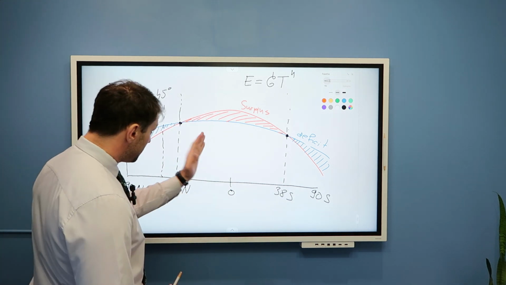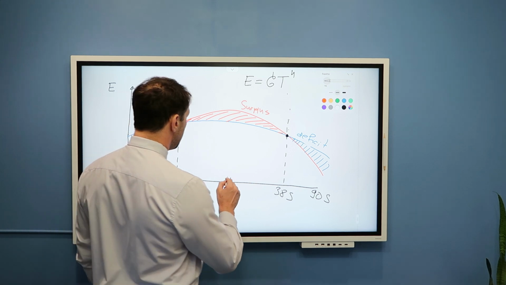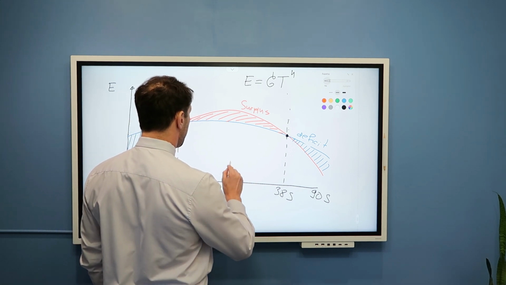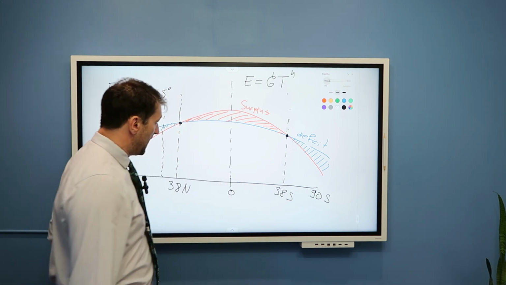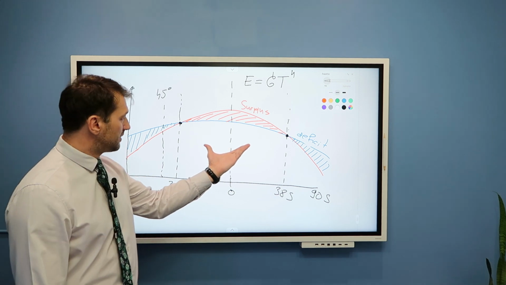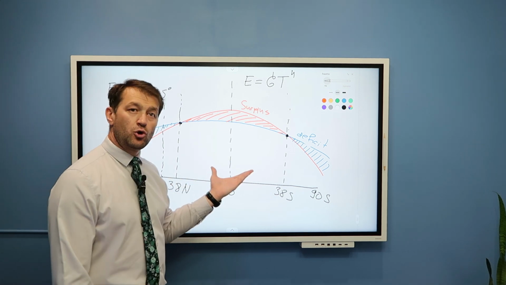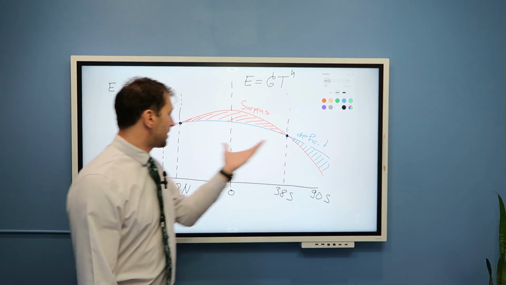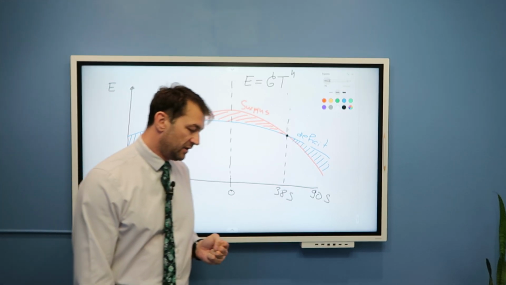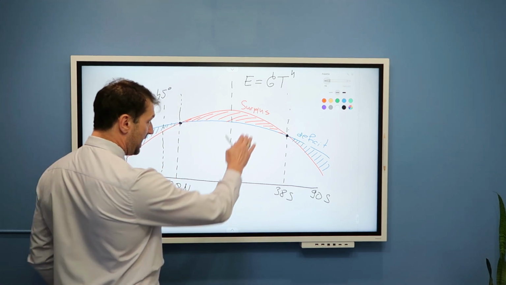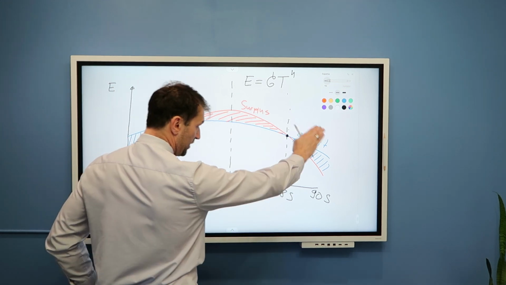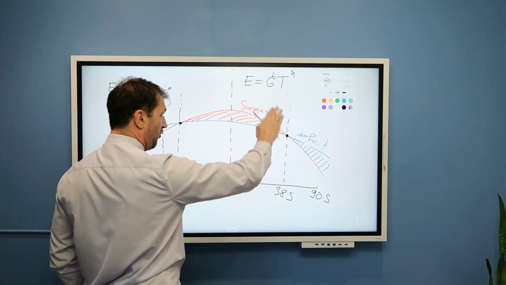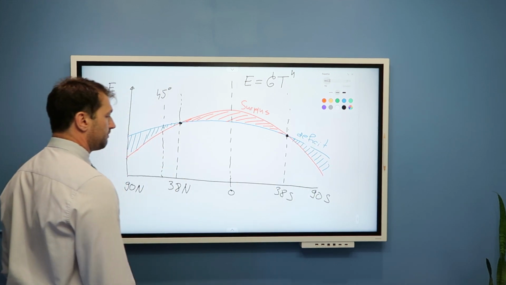Okay, so the last thing to discuss here, if we now say, okay, this is the equator, how is it that the tropical regions do not get infinitely warm and the polar regions do not get infinitely cold? Because over time, if you have surplus and you have deficit, you will have warming and cooling respectively.